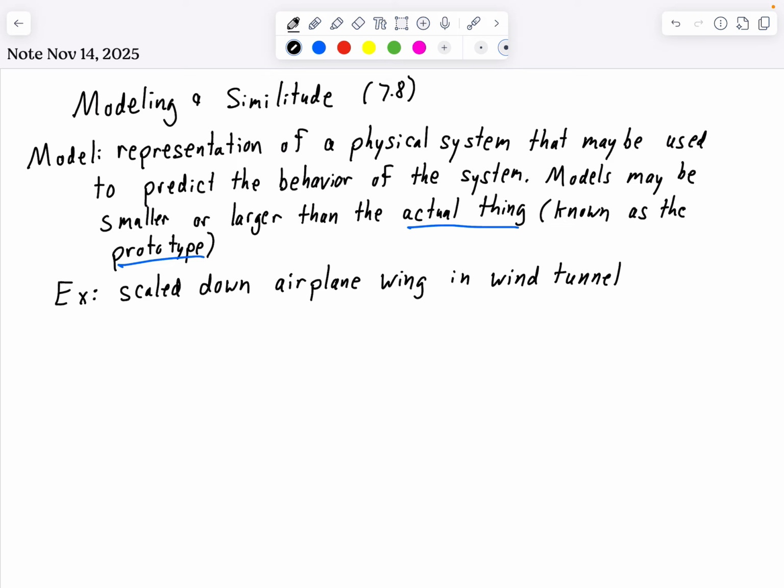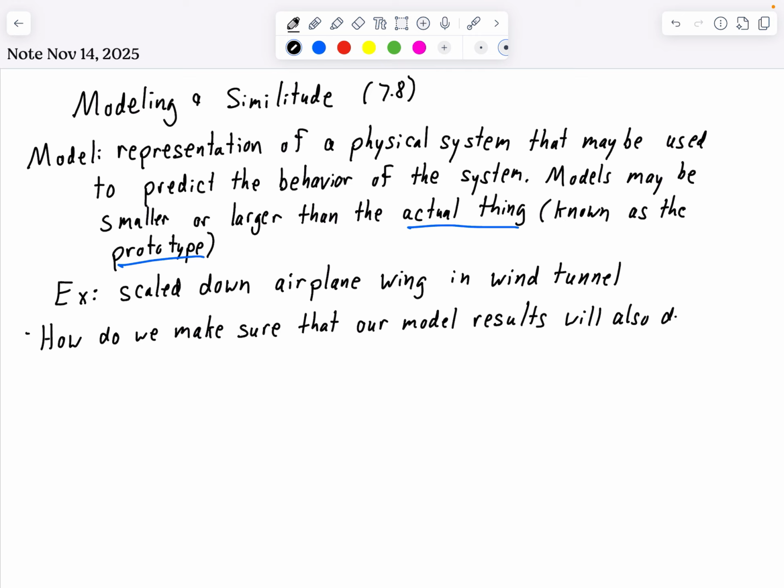So the question that we come to then, if we make this smaller version or larger version of our prototype, so if we make a model of our prototype, how do we make sure that our model results will also describe the prototype or the original system?